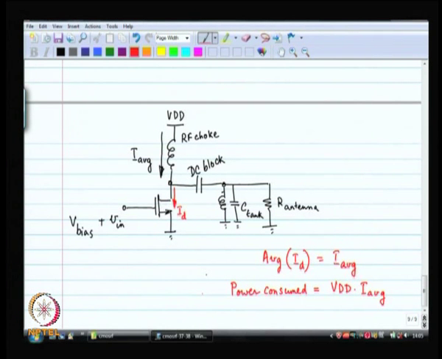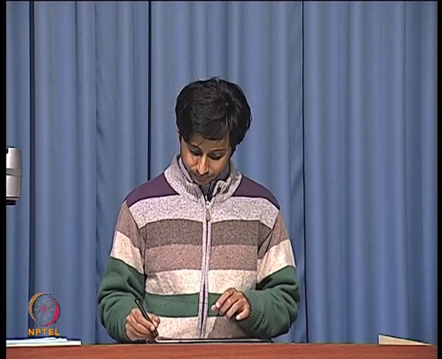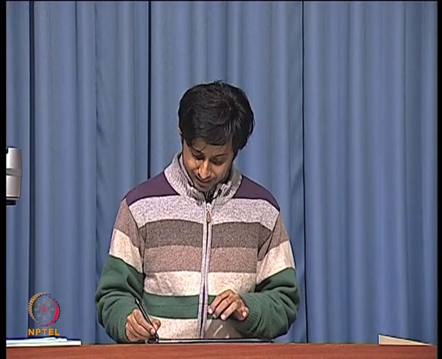Really, that is all there is to it. I average current is coming out of a power supply. So, the supply is delivering an amount of power that is equal to VDD times I average. It does not really matter what class the amplifier is in.